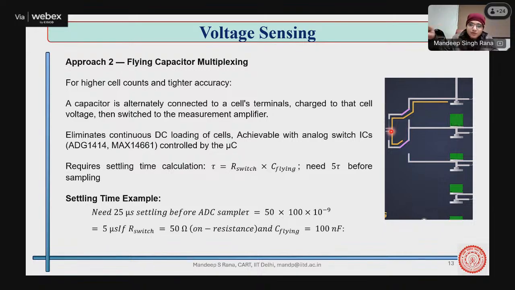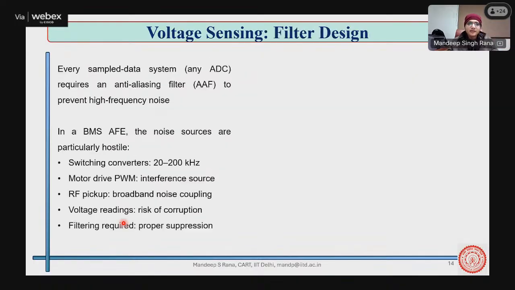And this damping nature should be avoided at all costs, because it can overshoot into some values which are not safe for your battery itself. So we have to take care of these parameters when we are designing. General considerations are to keep it something like 25 microsecond, 20 microsecond, and it is coming from some of the standards, the number which I am giving here.